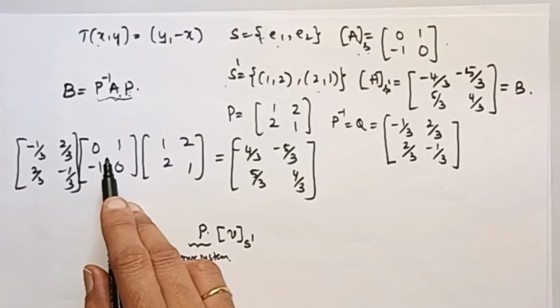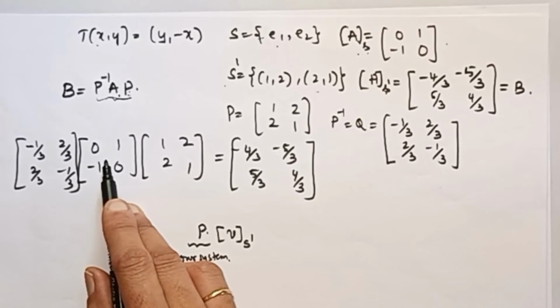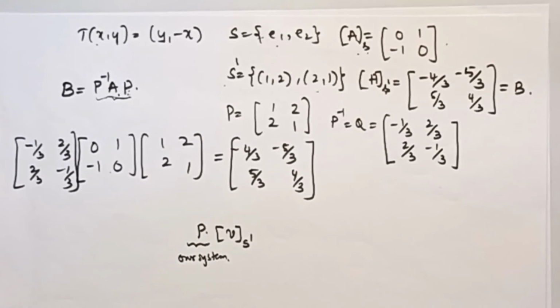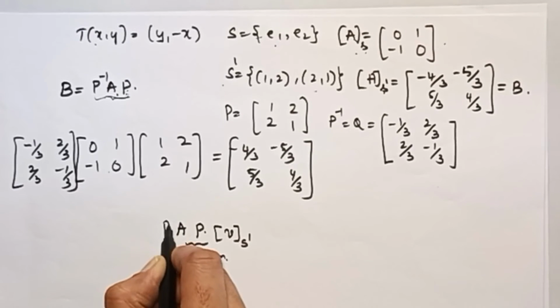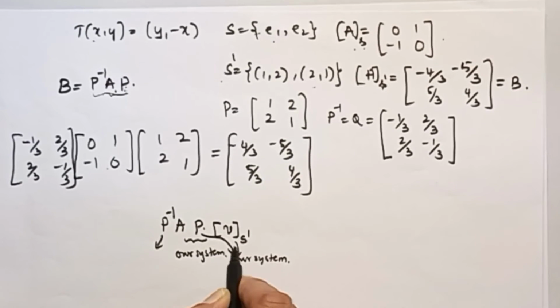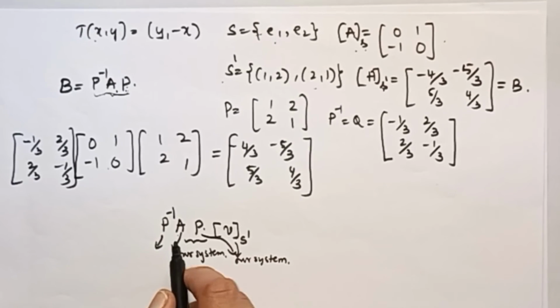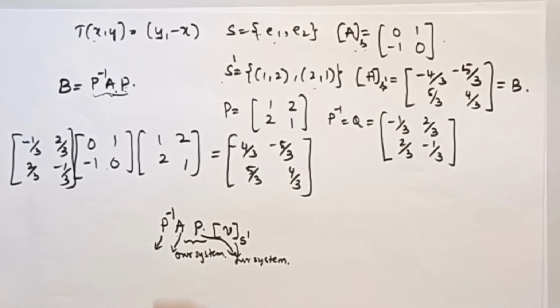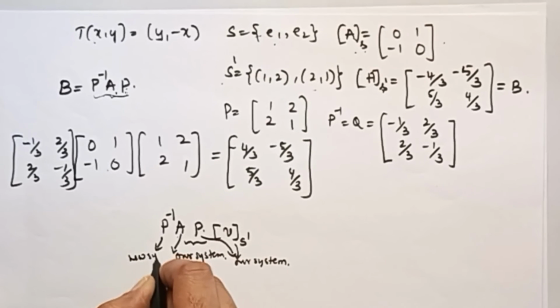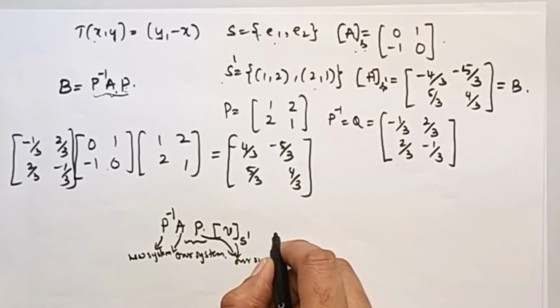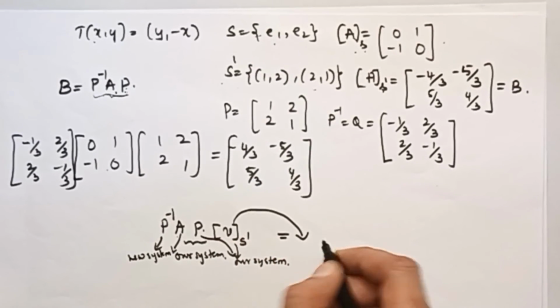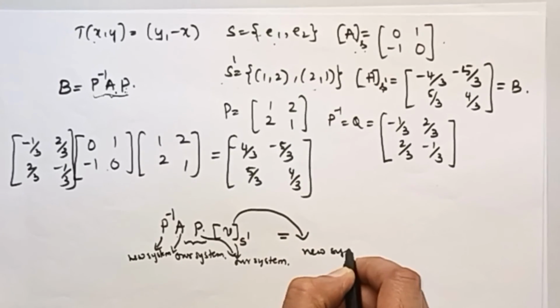Then the matrix of transformation in our system, that is A. Then P inverse, which is also with respect to S. P inverse is of the new system. Then you will get where this vector goes to in the new system.